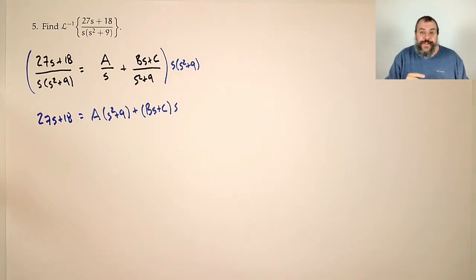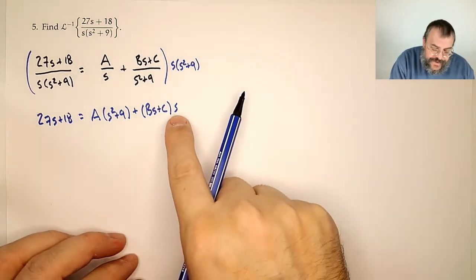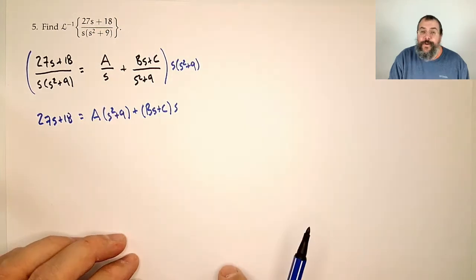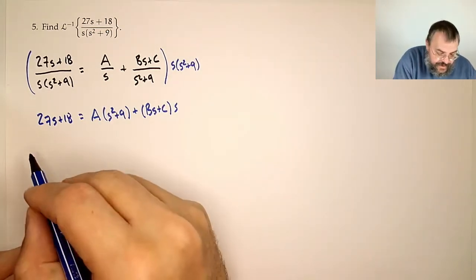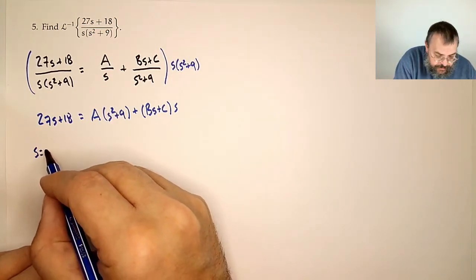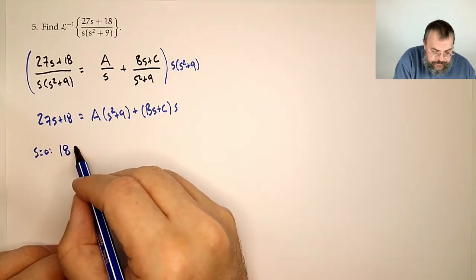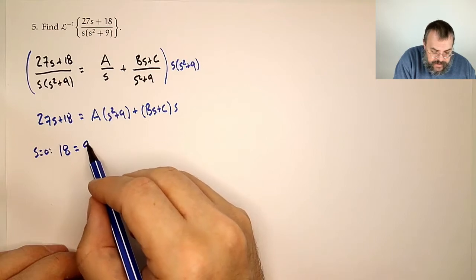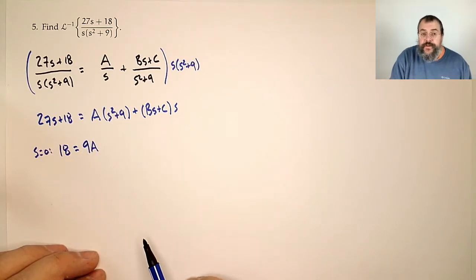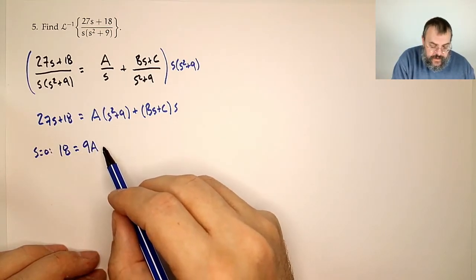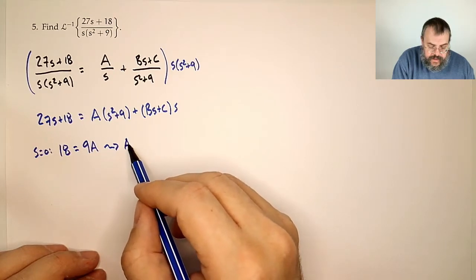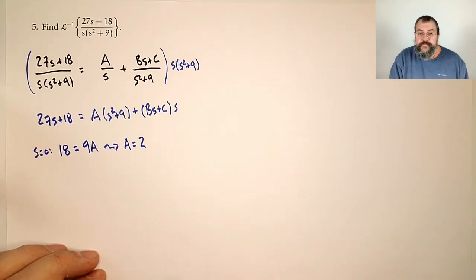There's a really good candidate here: 0. 0 is a wonderful candidate. So if we choose s equals 0, what happens? Over here we get 18. Here we'll get 9A, and then that part goes away. So we say, aha, A needs to equal 2.